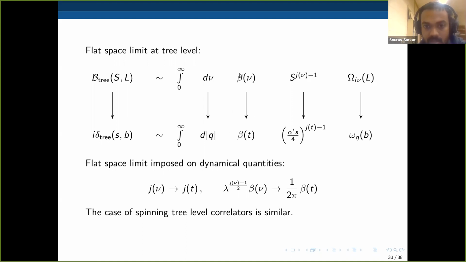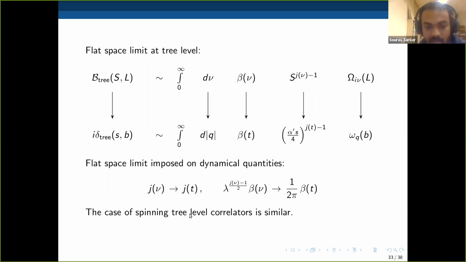And this beta nu here is a dynamical quantity, and if we impose that the flat space limit goes to the Pomeron propagator in flat space, then this serves as a constraint on beta, and this has already been imposed in the literature. And similarly on the Pomeron spin. So at tree level, if we impose the flat space limit, we get these constraints on the two dynamical quantities here.